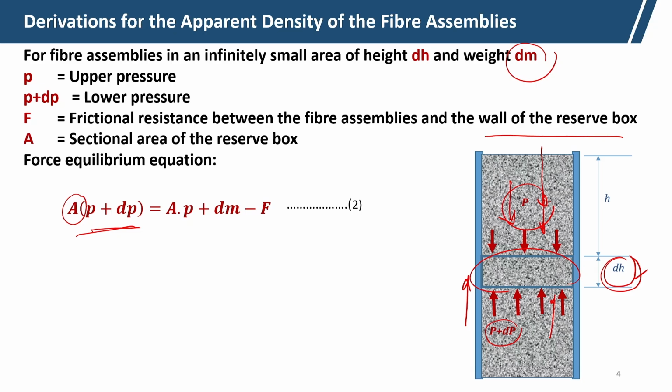Downward pressure is P, so A multiplied by P is the downward force by the fiber above, and dm is the weight of the fiber at that zone, the load applied in the downward direction, minus F, that I have already mentioned.